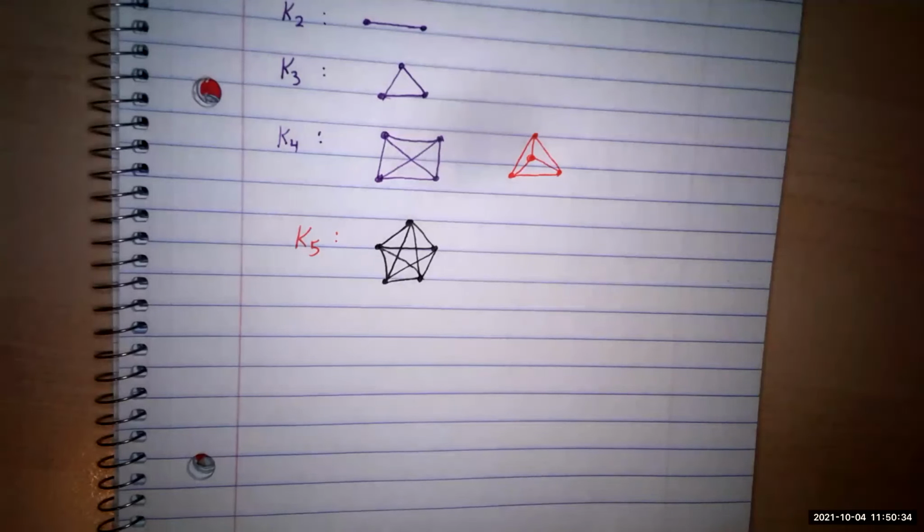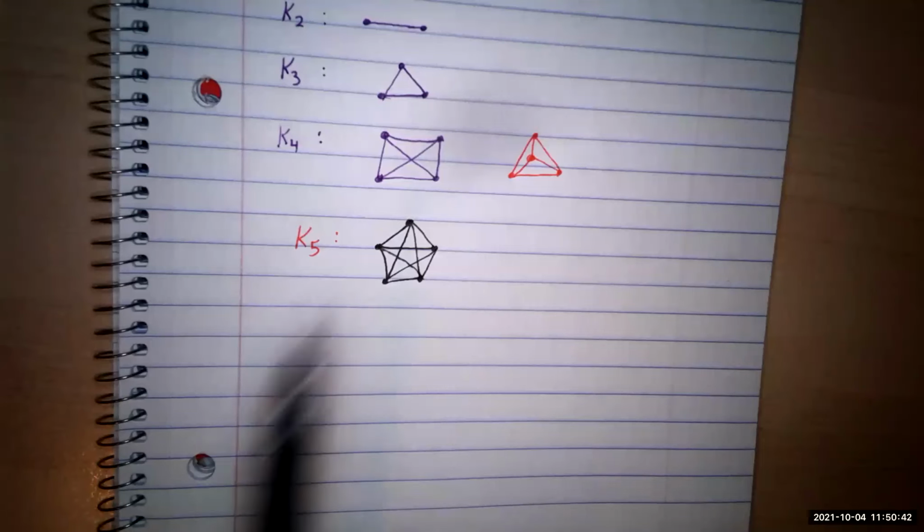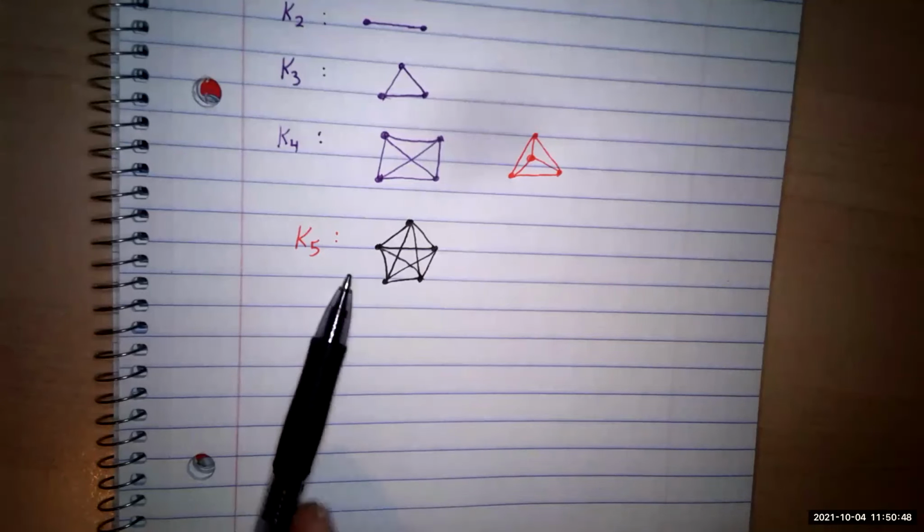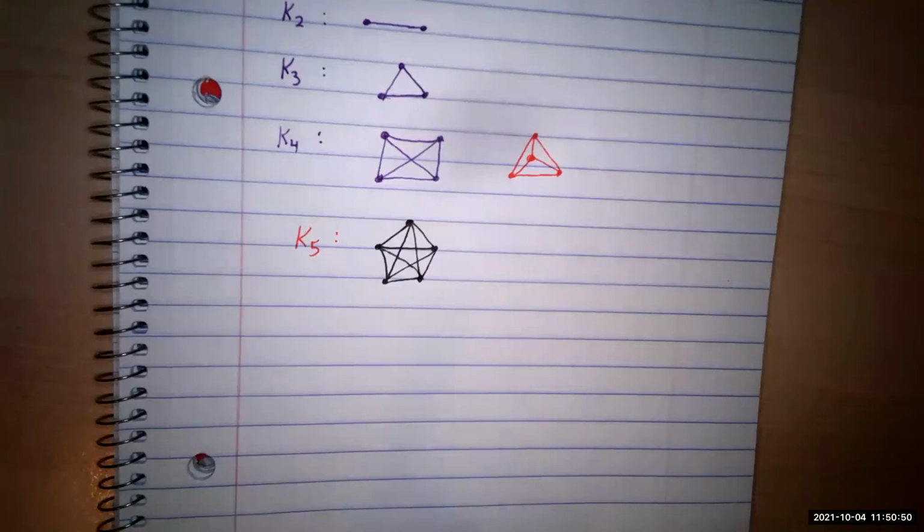A Polish mathematician, Kuratowski, proved that K5 is not planar, meaning you cannot do it. And then he proved that if a graph contains a copy of K5, it's not going to be a planar graph. That's a theorem in graph theory.